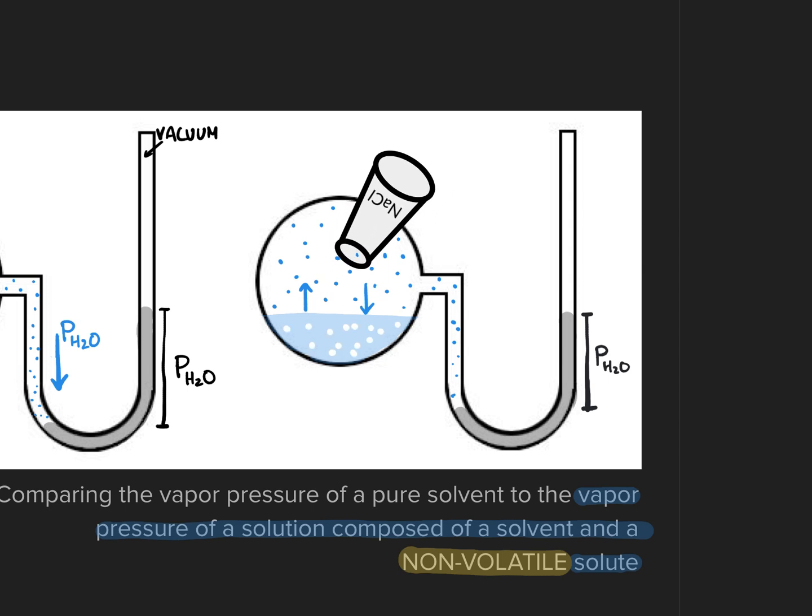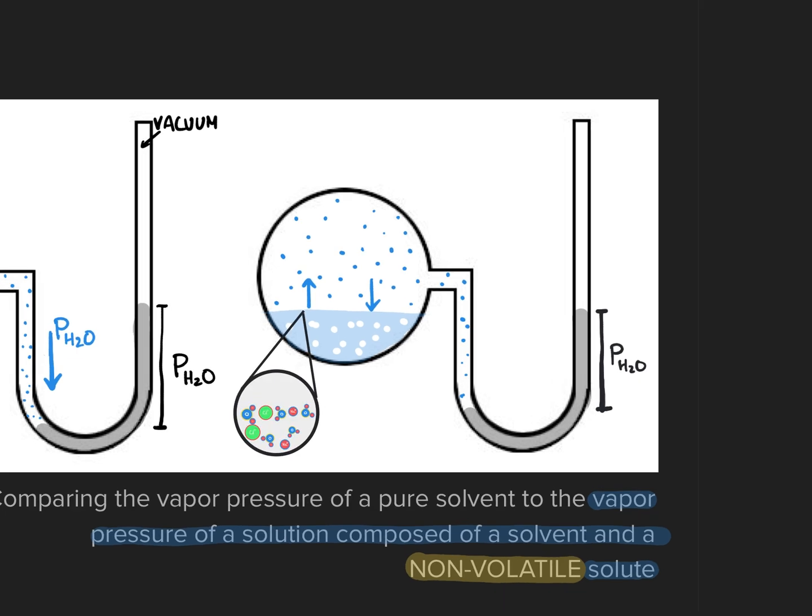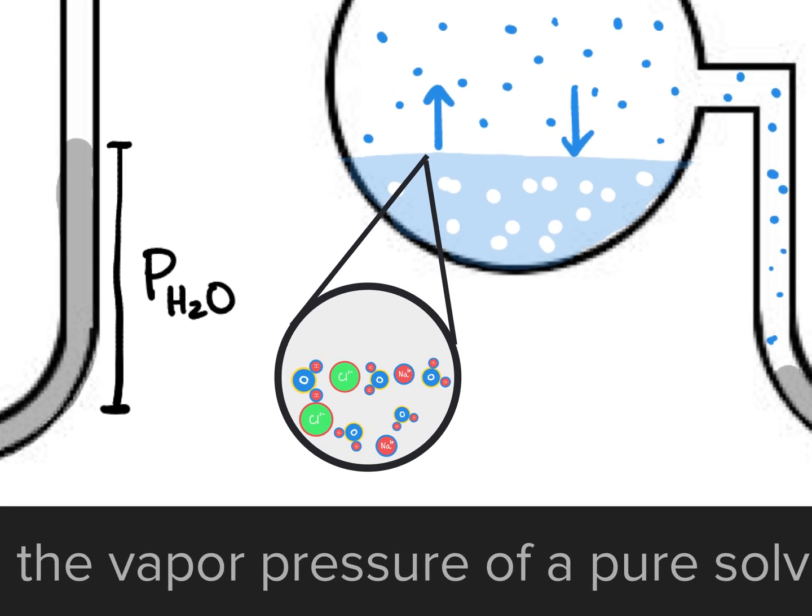Now remember, salt is a non-volatile component of this solution, and as such will not be escaping into the gas phase. If we were to zoom in very close at the surface of that liquid, you would notice that the presence of those non-volatile sodium ions and chloride ions essentially is going to block easy escape of the water molecules from the surface in those locations.